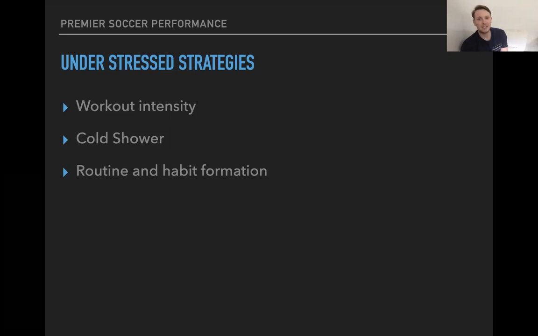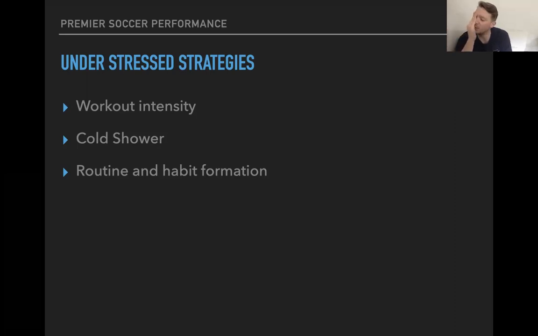For the last 30 seconds of your shower, turn it to freezing cold and sit there with that uncomfortable coldness for 30 seconds. It doesn't seem like much, but it is enough over time to improve resiliency. It improves your immune system, and it makes you a more stress tolerant person.